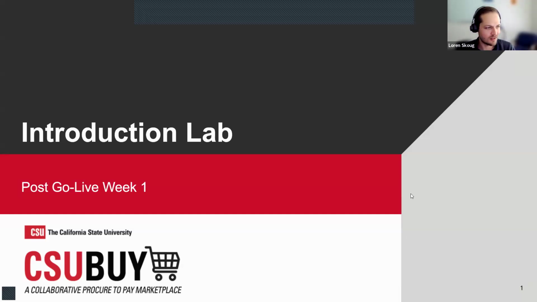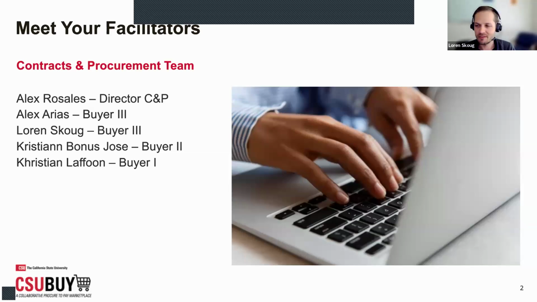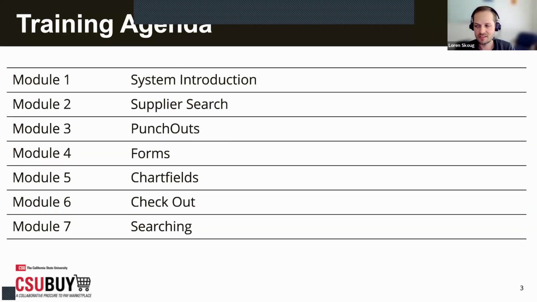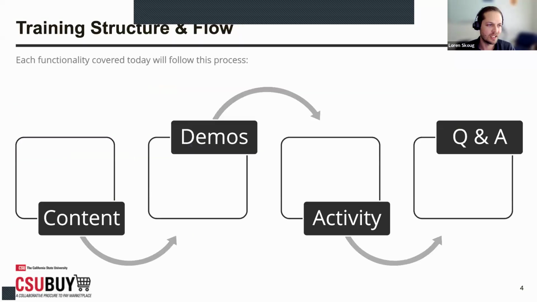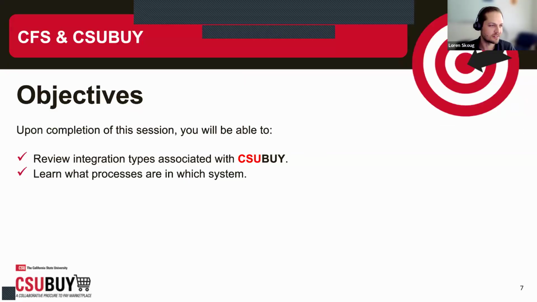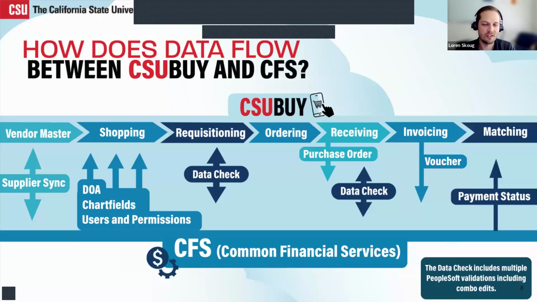We went live with this system just this week, starting Monday. I'm going to zoom through these slides and just talk about it. For those of you who aren't familiar with the system, it's a system that's going to sit on top of our current ERP system, which is CFS.